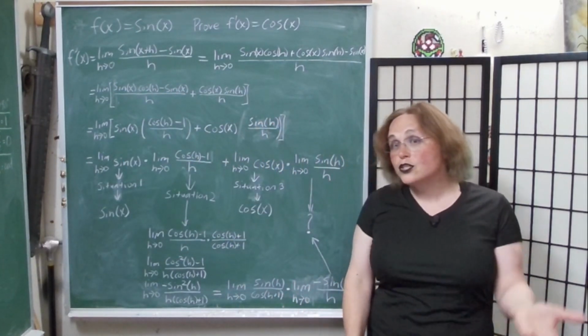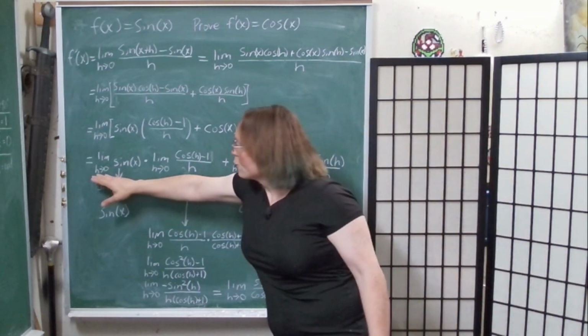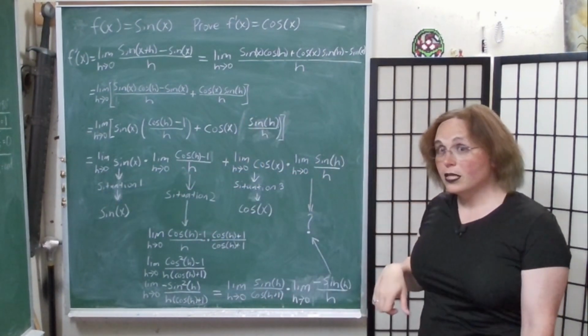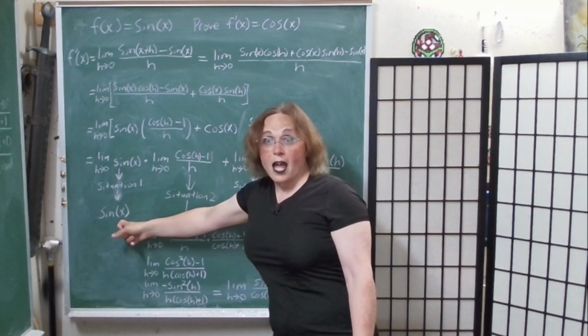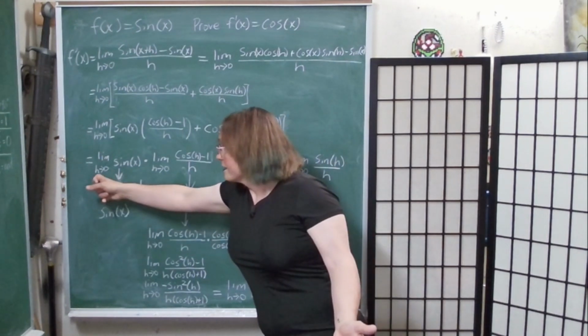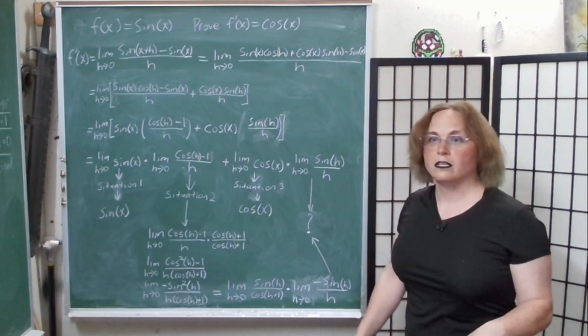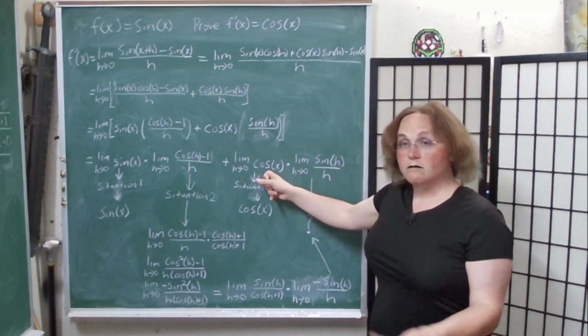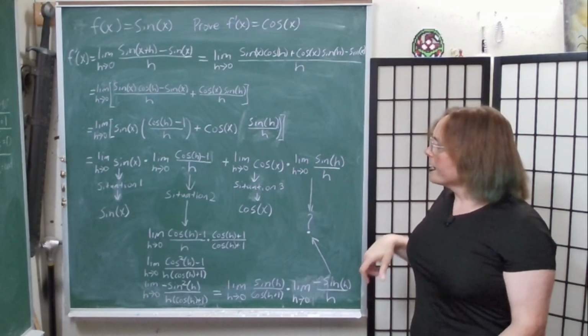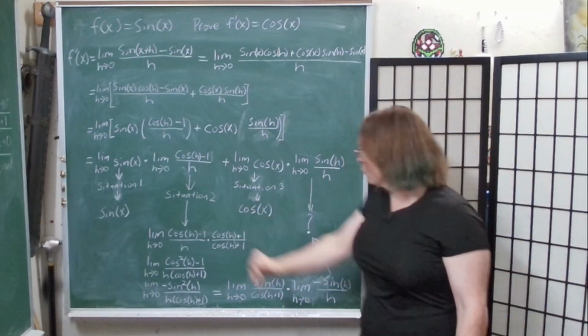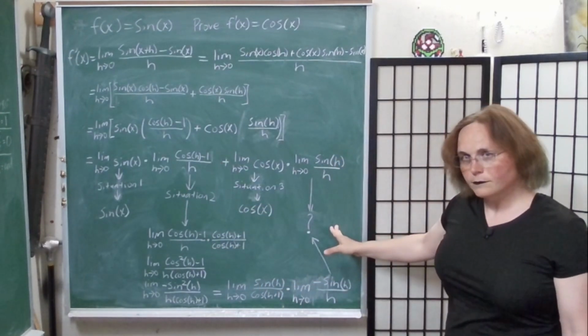The reason we want to do that is because when we distribute this limit using our limit laws, this sine x is just going to be sine x because we're taking the limit as h approaches 0. It has no effect on sine x. Similarly, cosine x is cosine x. No big deal. So what we really care about is this situation 2 and situation 4.